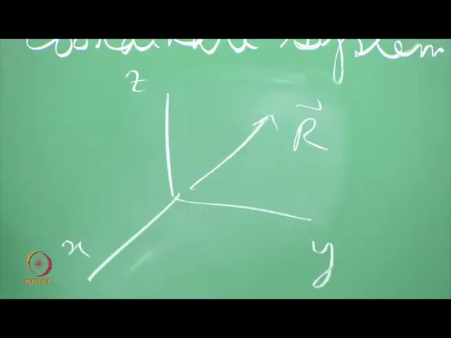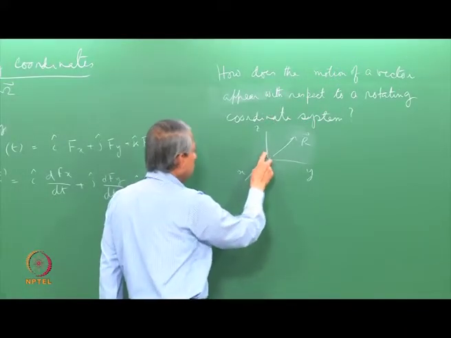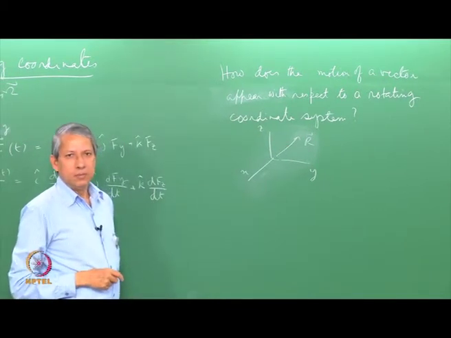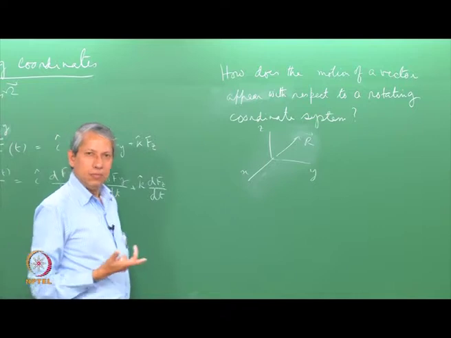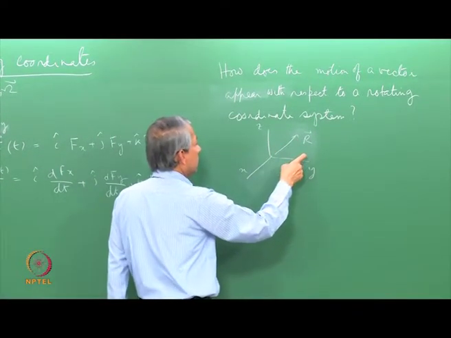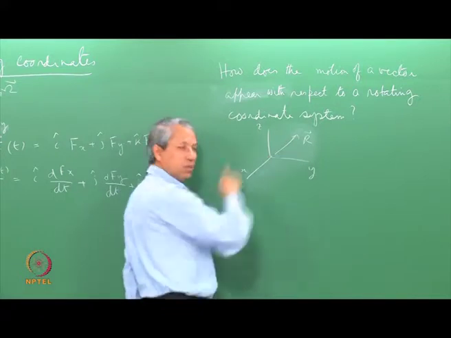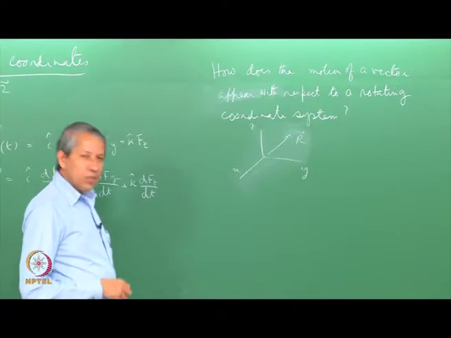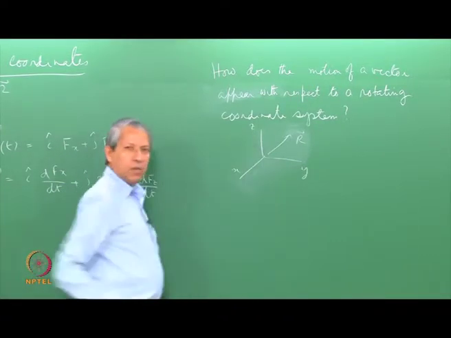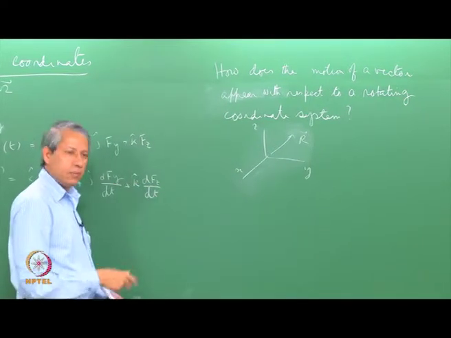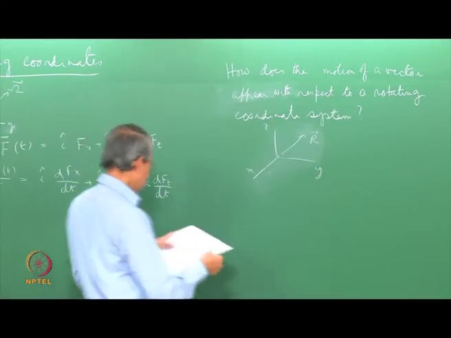If I sit on this coordinate system, the vector itself will appear to rotate. That is understandable: with respect to the vector this coordinate system is rotating, which means with respect to the coordinate system the vector is rotating. So, it is a matter of rotation of the vector, and how that appears with respect to a static coordinate system.